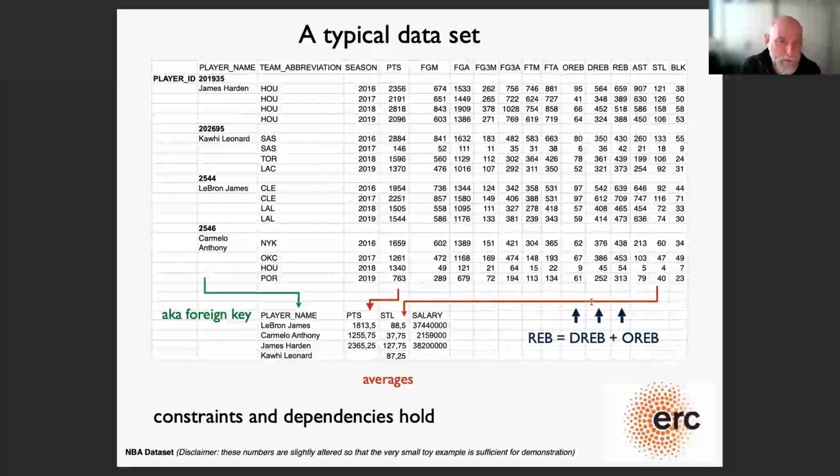You have 4 values for the different seasons, and then in the bottom table, it's just the average that is listed. What you can also see is that certain constraints hold, like this RAB is just the sum of the 2 other columns, and that is also useful information that you would like to take into account in such cases.